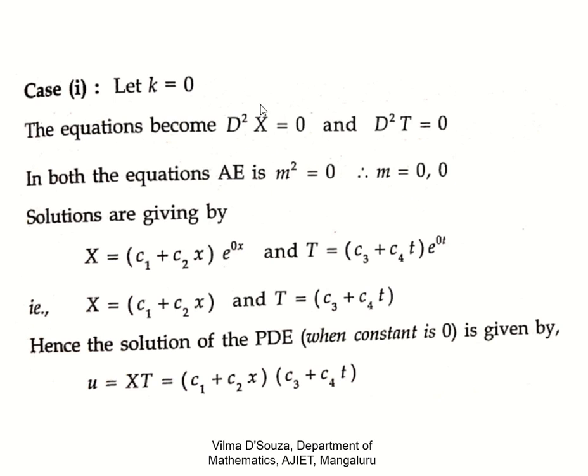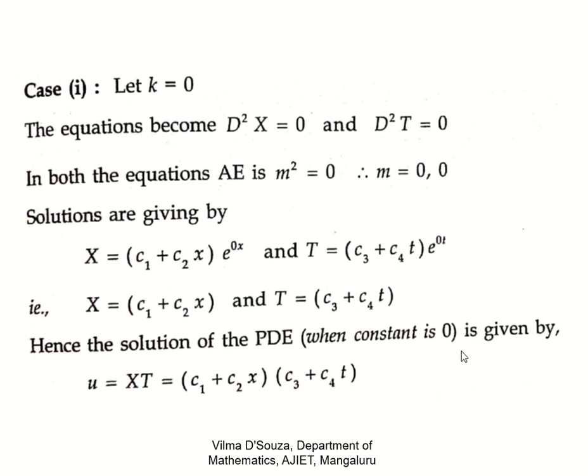So consider the first equation and write down the solution X. 0, 0 is the root, so X is (c1 plus c2 x) e^(0x), or it is only c1 plus c2 x. And here 0, 0 is the root. c1, c2 we have already taken, so take it as c3, c4: T is (c3 plus c4 t) e^(0t), or you can just take it as T equal to c3 plus c4 t, because e^0 is 1.